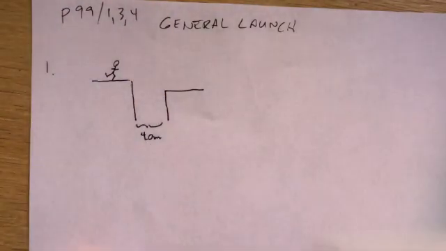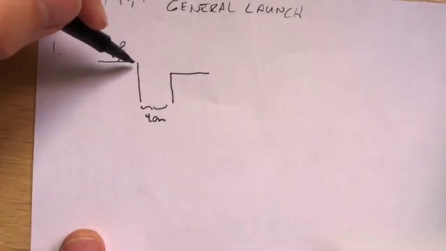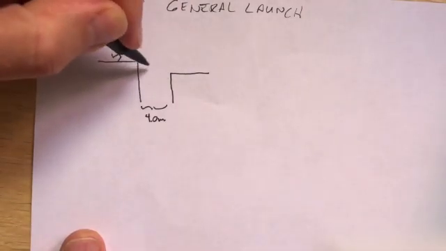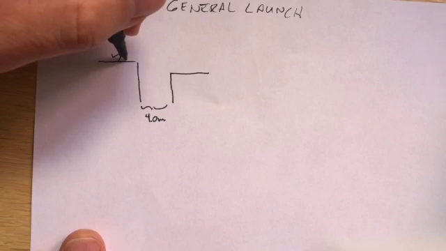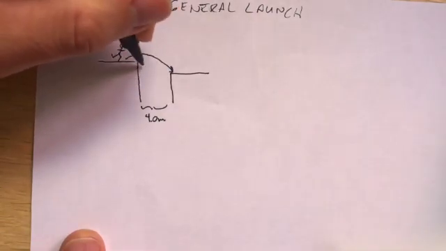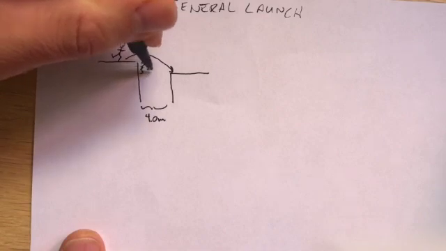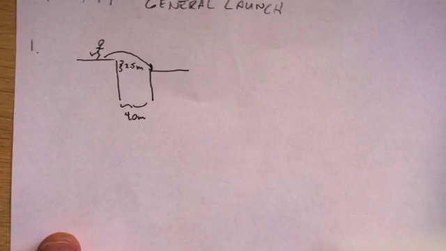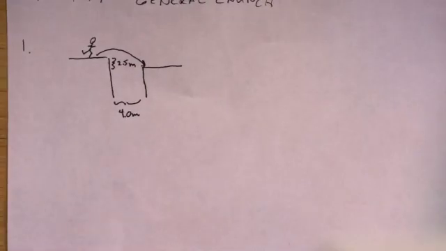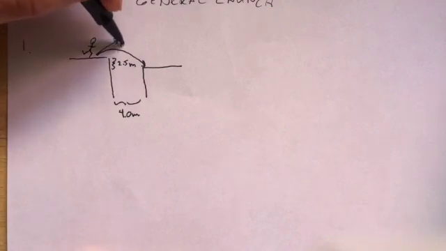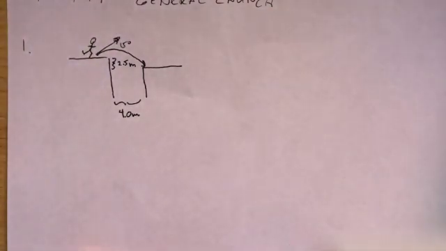Now it says that the height of this building is 2.5 meters lower than this building. So he's going to drop, should he make it, 2.5 meters.